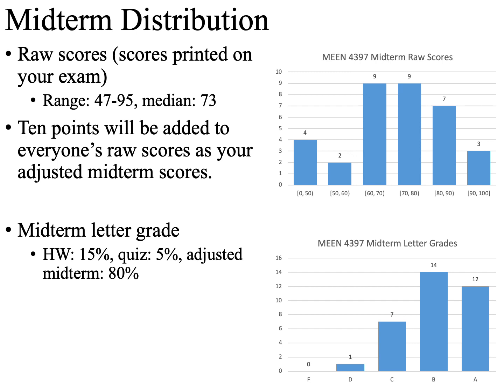For the midterm letter grade, homework will contribute 15%, quiz 5%, and the adjusted midterm 80%. Attendance is not counted for the midterm, but will be counted for the final.